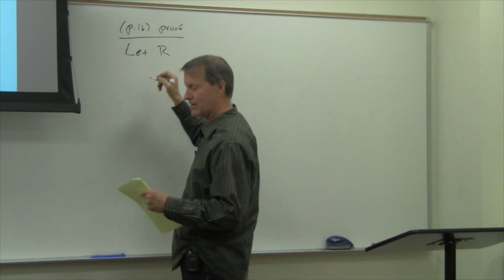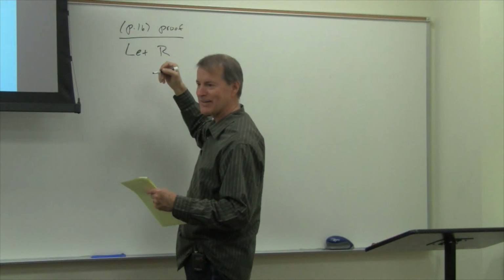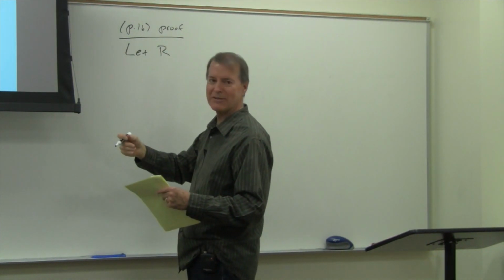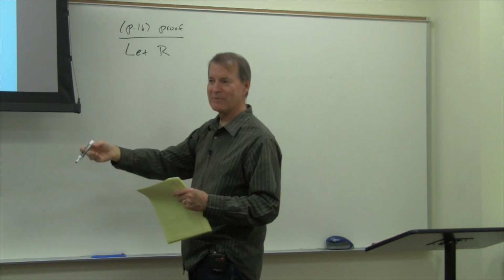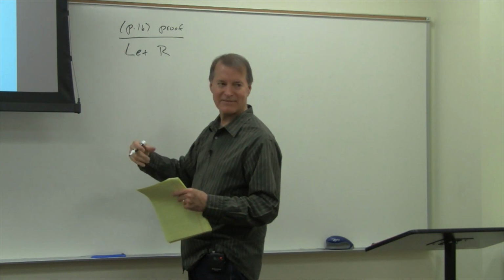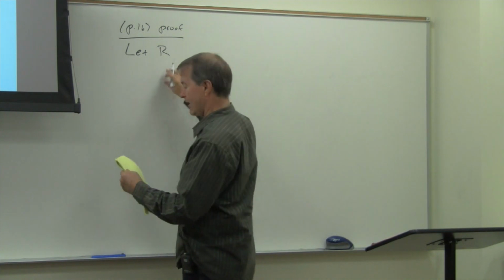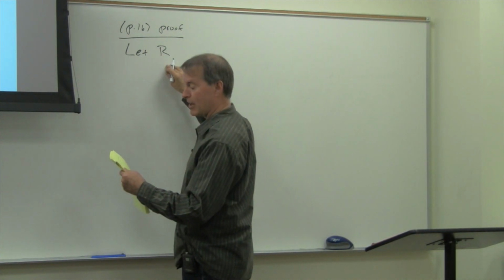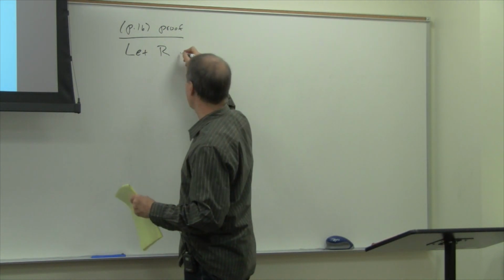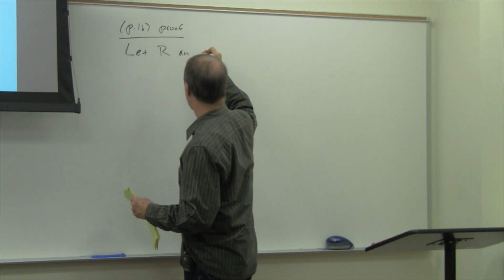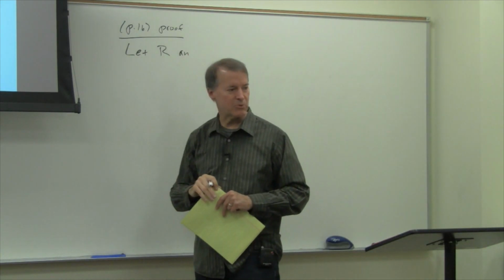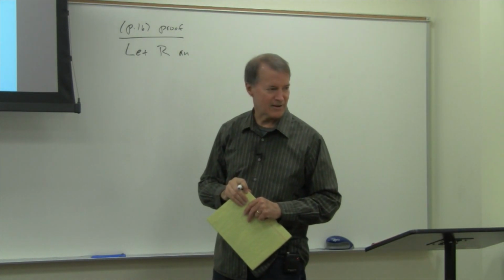This is like proving two sets equal: let v be an arbitrary element, prove that v is an element of T if and only if it is an element of S. Here, it's not an arbitrary element. Let R be an arbitrary postcondition. Not a program, it's a Boolean. It's a postcondition. Are you with me?